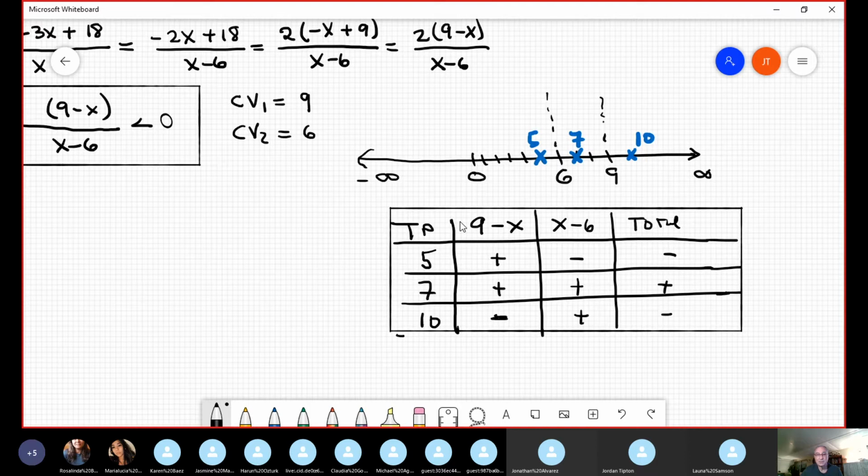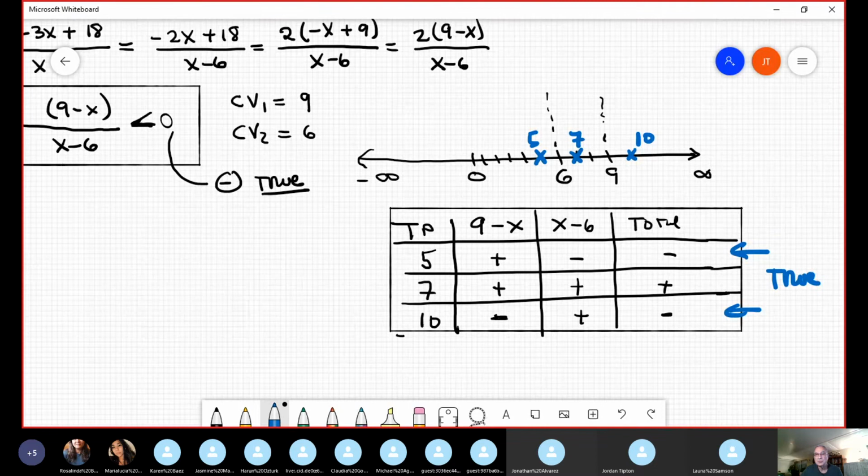I go back to the original problem, or not the original, this one, less than 0. To be less than 0 is equivalent to say it is negative. So the true guy is a negative, because in this case, less than 0. So the true guy is this guy and this guy. Is it true?